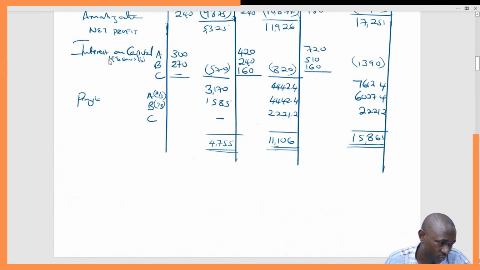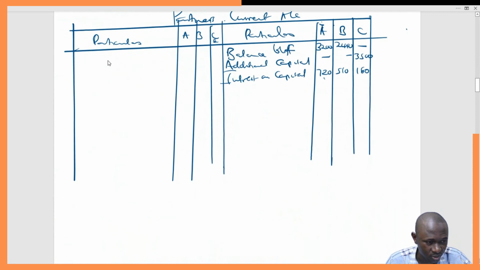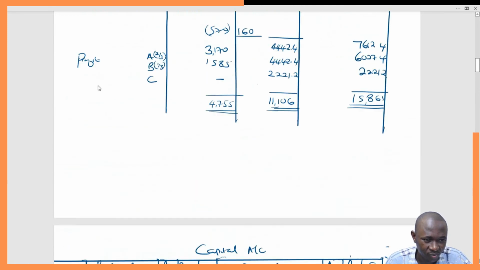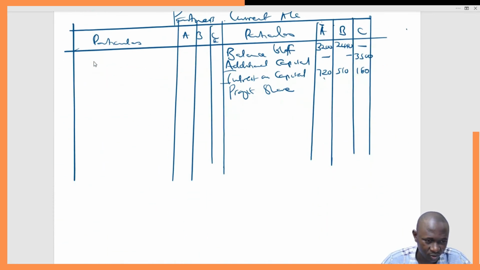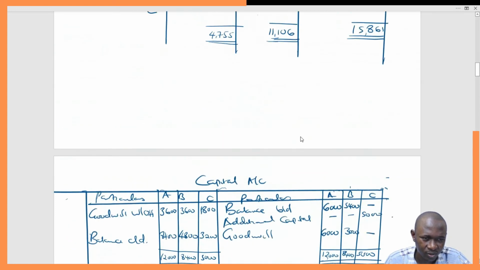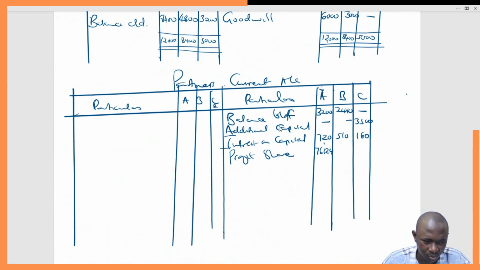And we also have profit share. These are things that now affect the current account. Profit share, we'll pick from up here from the appropriation account: 7612.4, then 6027.4, and last we have 2221.2.